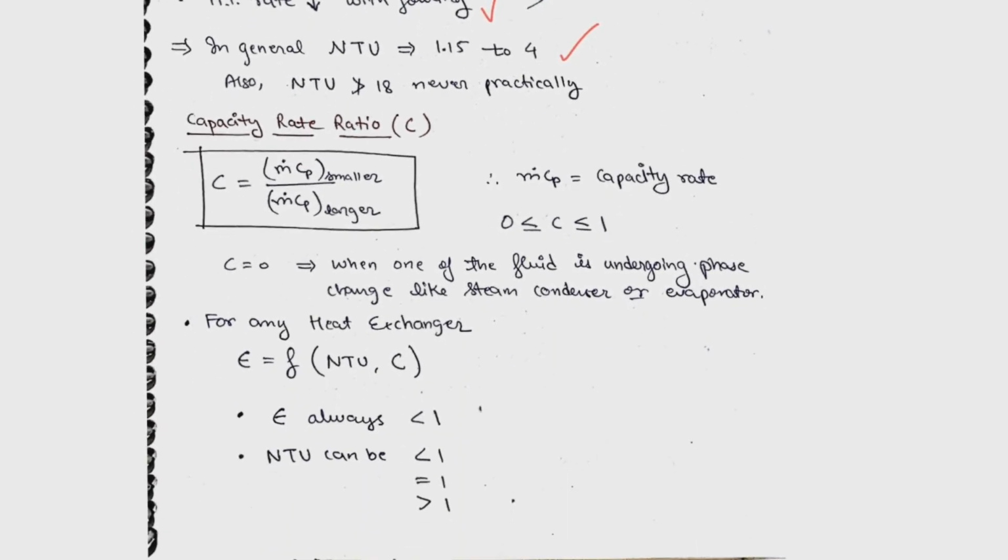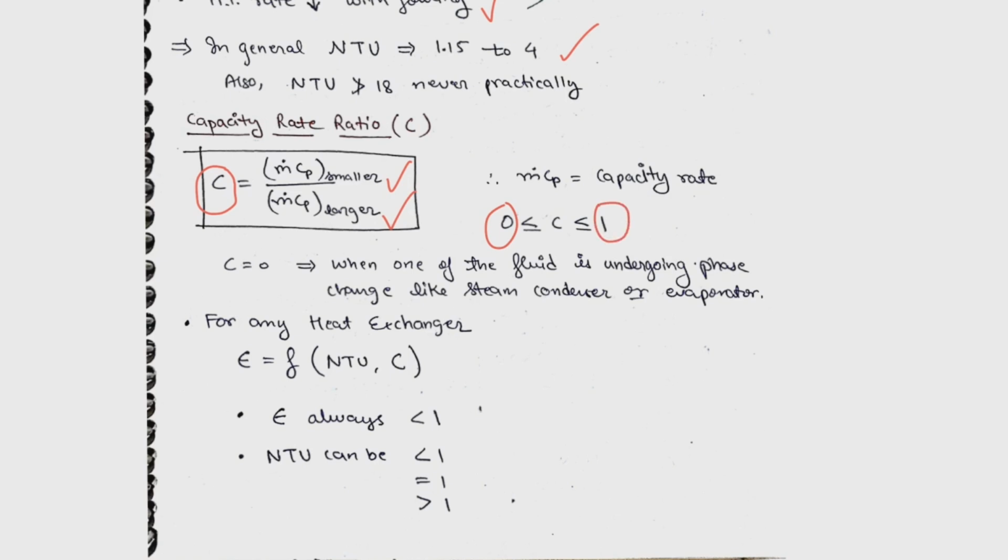Capacity rate ratio is the ratio of m dot Cp smaller to m dot Cp larger. This is very important in the formulas of effectiveness in the NTU method. We have two extreme values of this C, that is either 0 or 1.